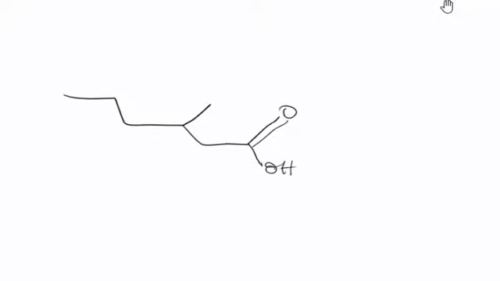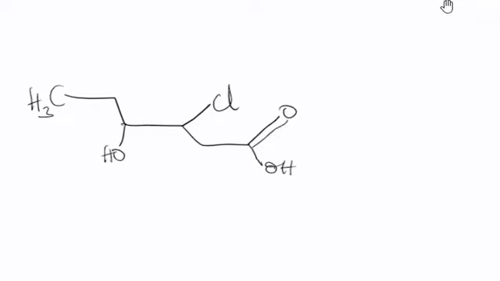Alright, so if I have this way, perhaps this is my O and this is OH. Here I have chlorine, and over here I have OH, and then here I have CH3.